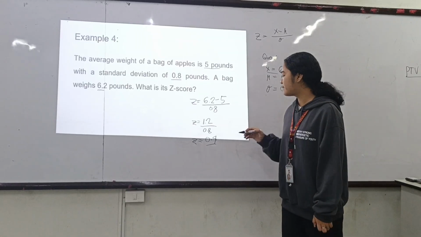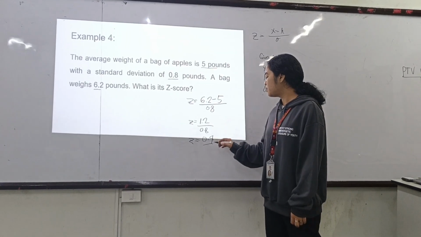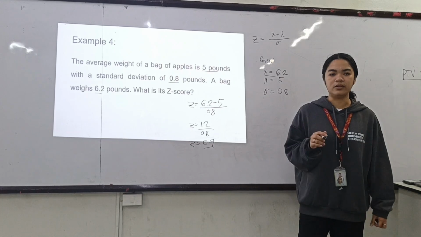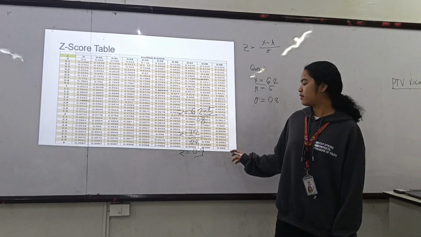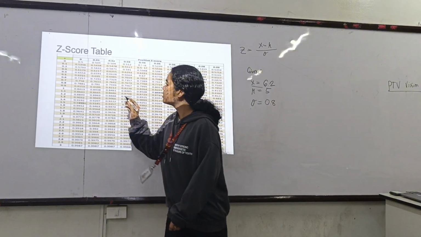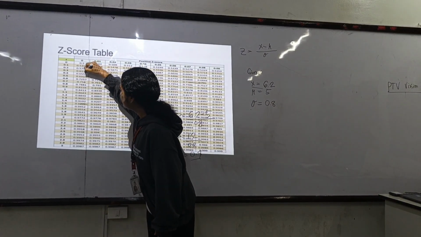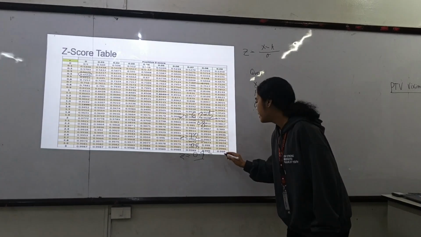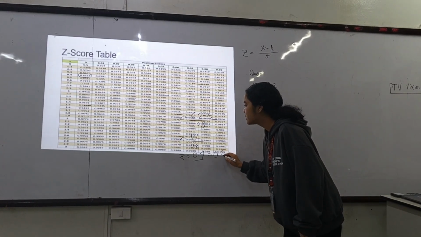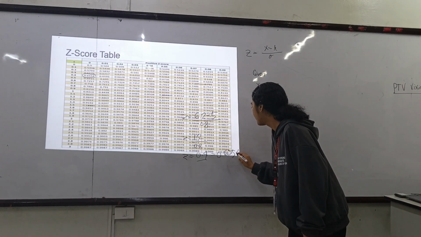Z is 1.2 divided by 0.8, which is equal to 1.5. And next, we need to find the value in the z-score table. So the value in the z-score table is equal to 0.6554.